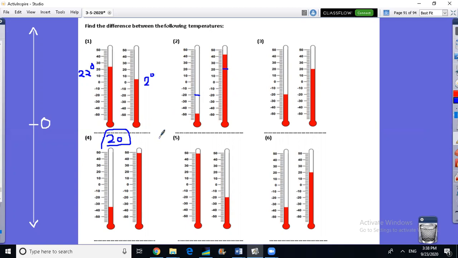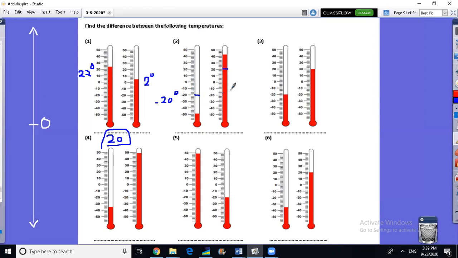First we need to read the temperature. As we agreed, we are imagining that the temperature is here. What's the temperature here? Exactly negative 20 degrees.